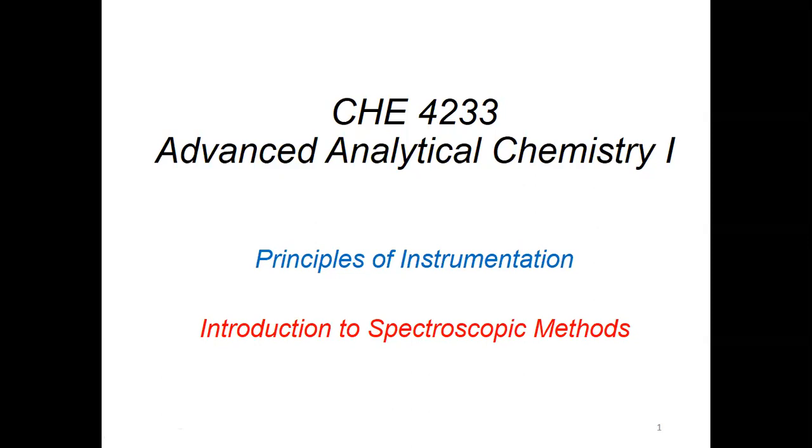Also in Advanced Analytical Chemistry 1, the rest of the course, as well as in the Advanced Analytical Chemistry 2 course unit, you will learn more details of the spectroscopic methods. But when you learn it, you will learn the basics of that particular instrument.